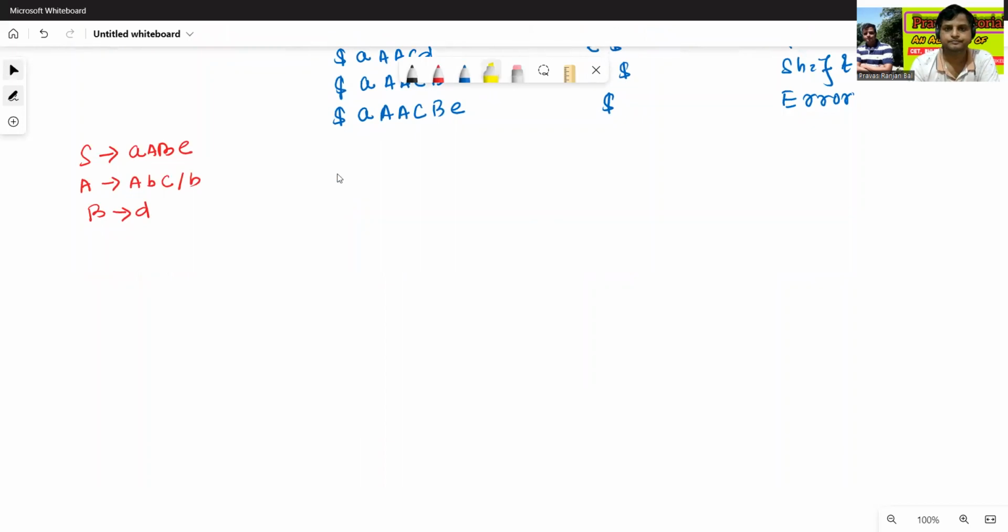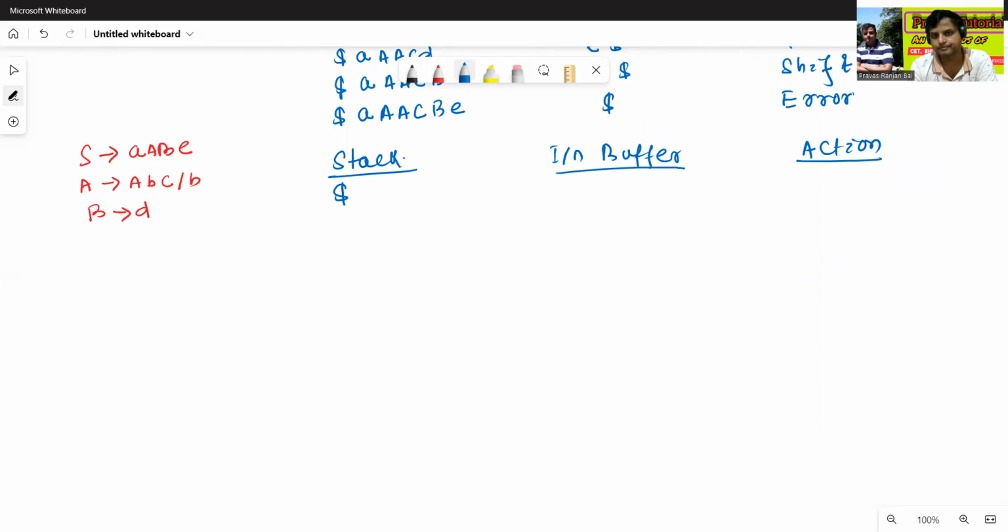Stack, input buffer, and action. The initial stack contents are dollar. The input buffer is A, B, C, D, E, dollar.